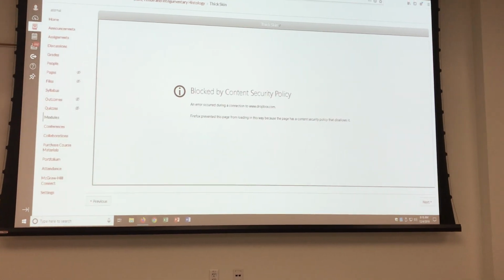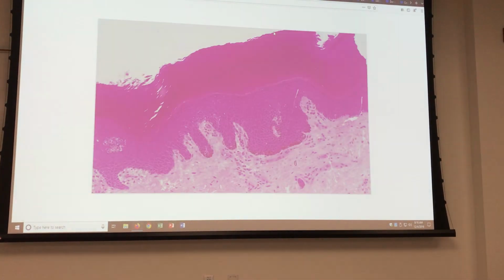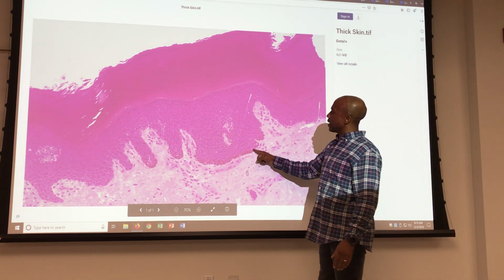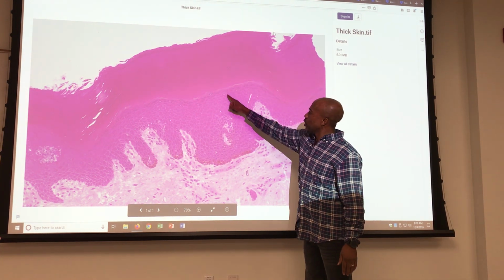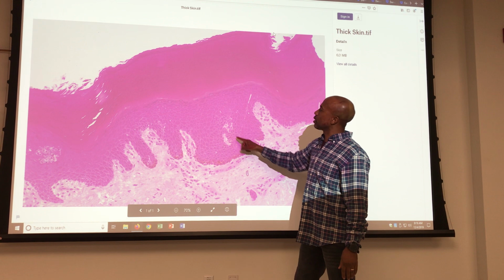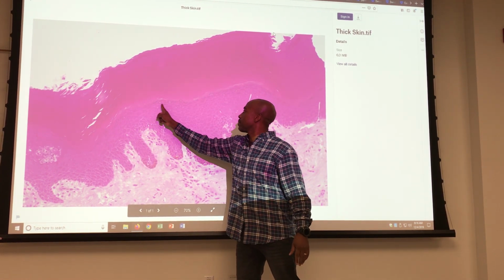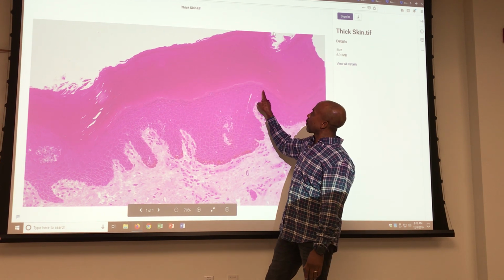Thick skin. This is thick skin. Showing you stratum basale, stratum spinosum, stratum granulosum. It always tends to be a little dark. Right here, granulosum, dark stained part. This clear part right here is lucidum.